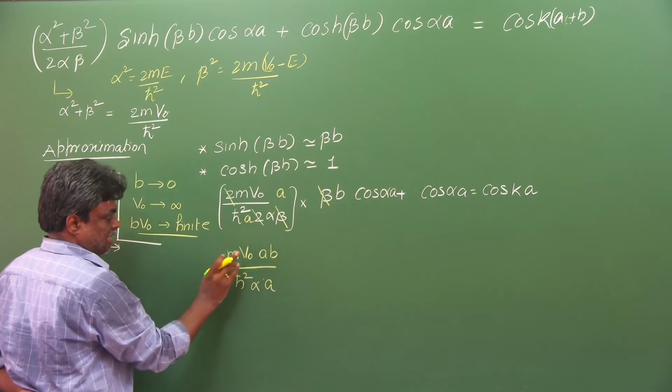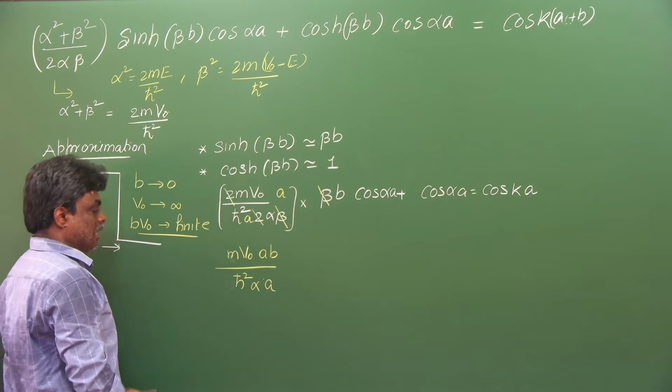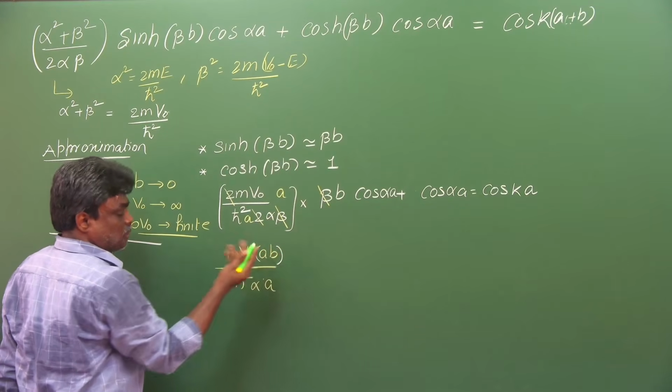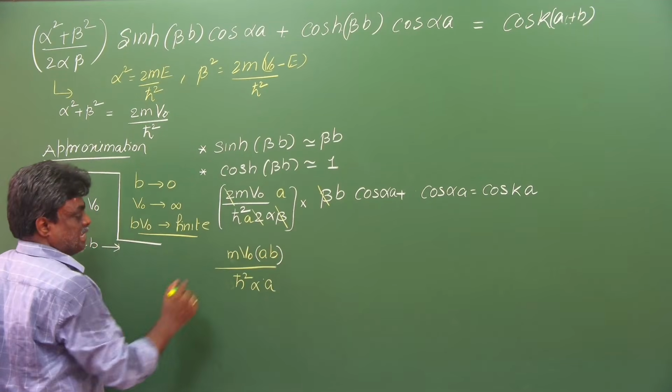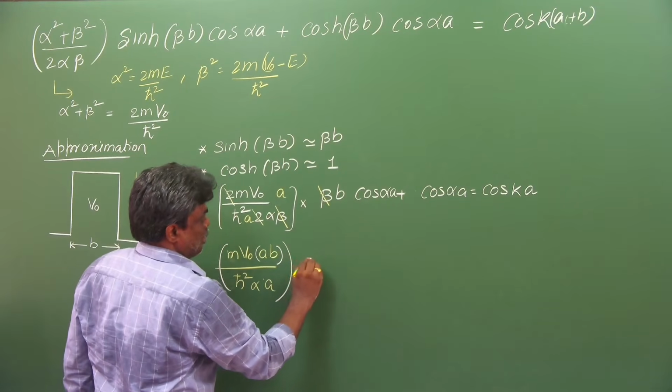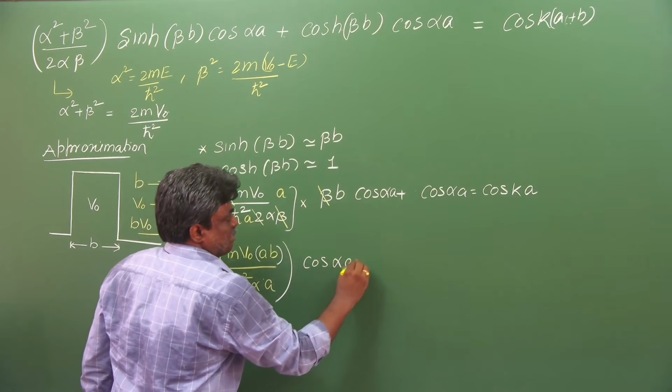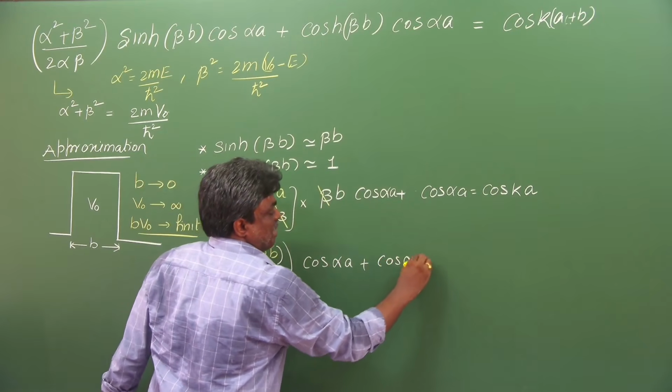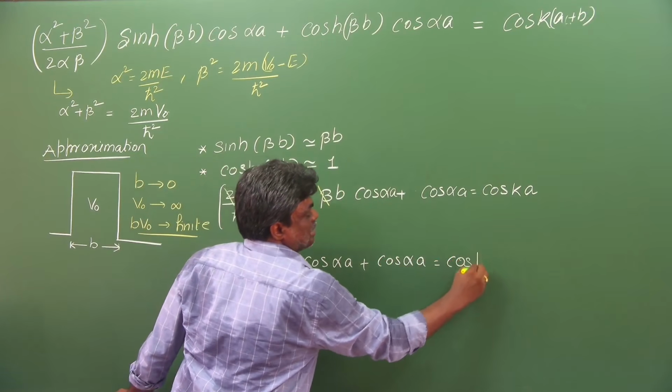Don't cancel a; just keep it as it is, they use ab for some other purpose. Into cos alpha a plus cos alpha a equal to cos ka.